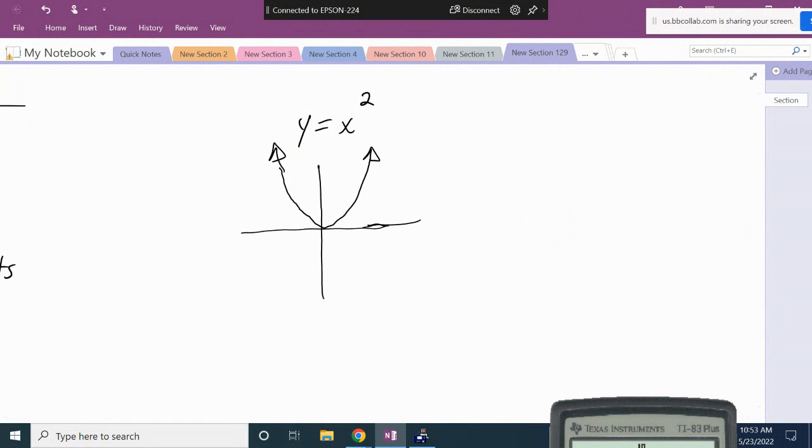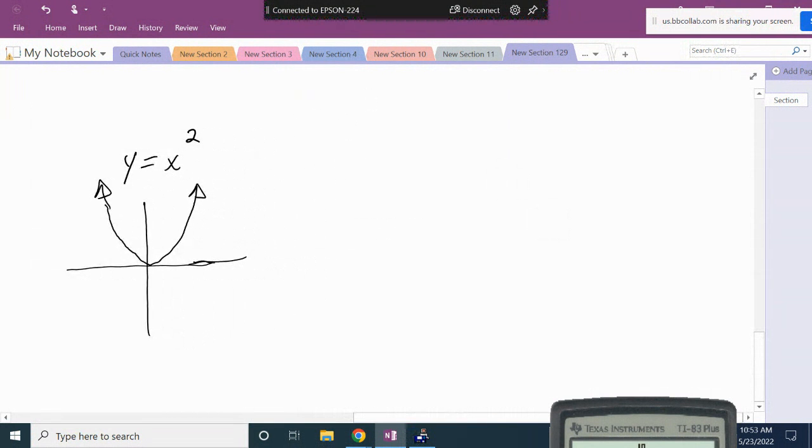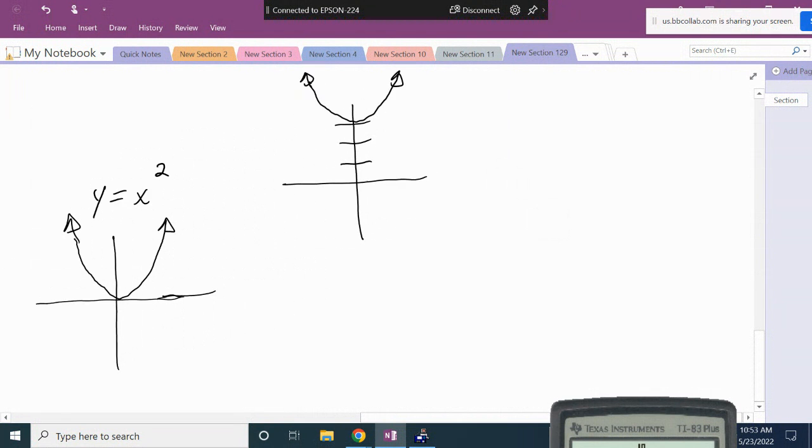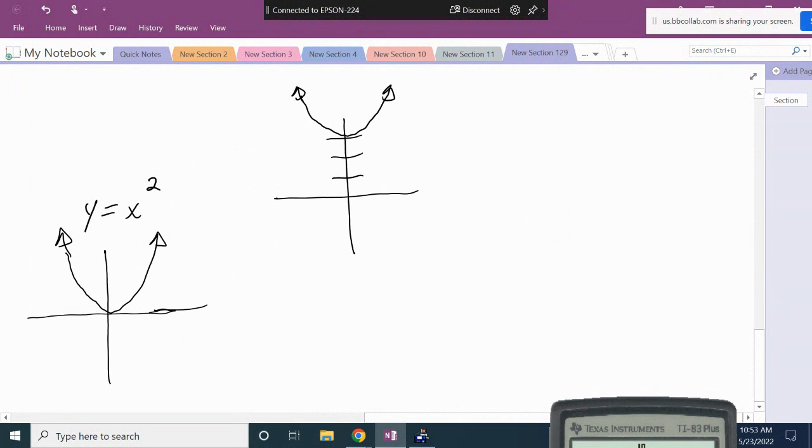So let's just say we wanted to take this x squared graph and shift it up 3 units. So let's just say this is our graph, and we've shifted it up 3 units. So that's a shift up 3 units. So how would you write out the equation for that graph?